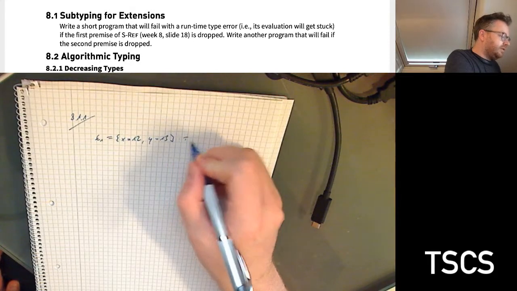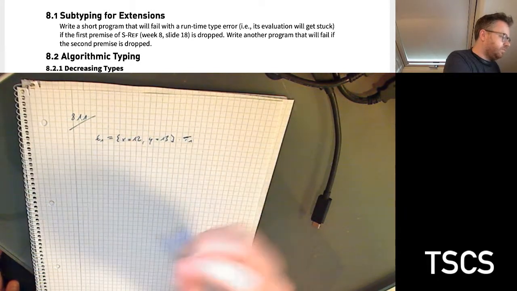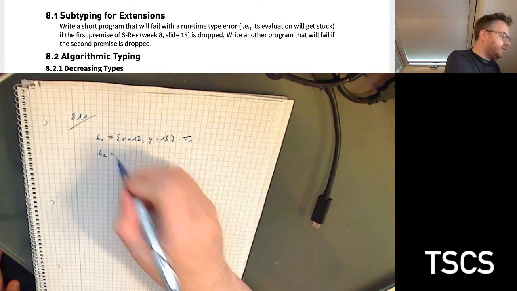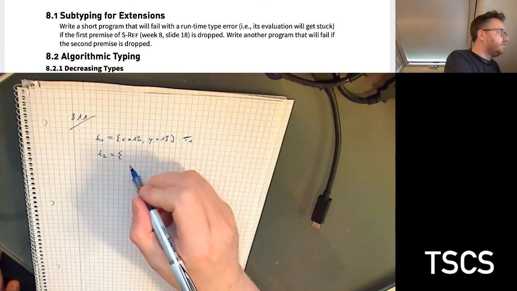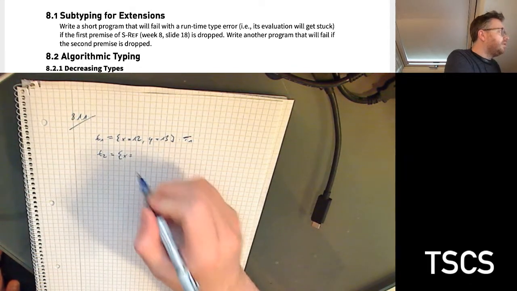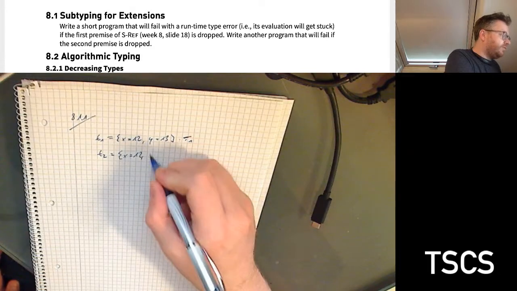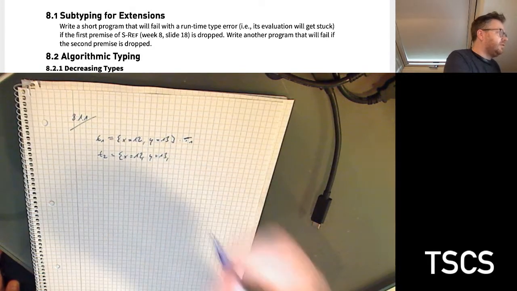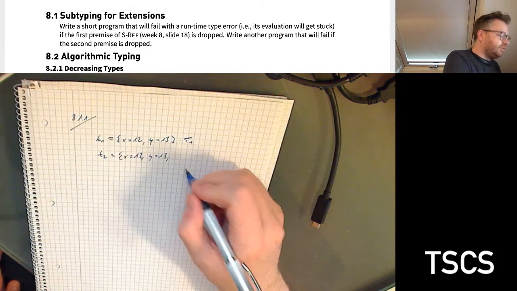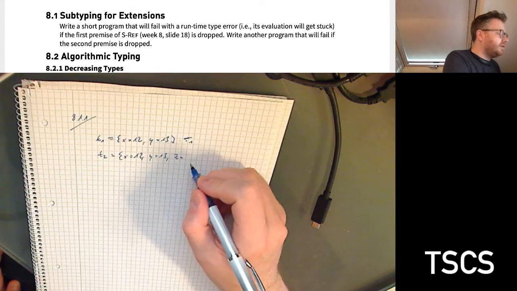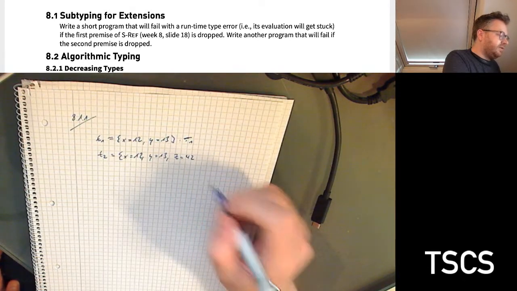And let's do a second one that is also x 12 and y 13, could be other values of course, and z is 42.